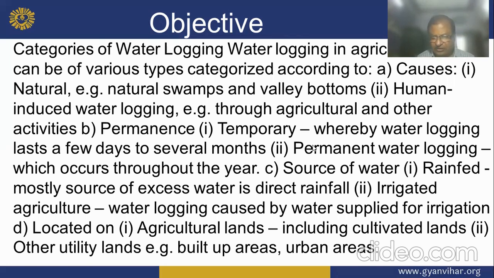Source of water: rainfall is mostly the source of the excess water, along with irrigated agriculture.